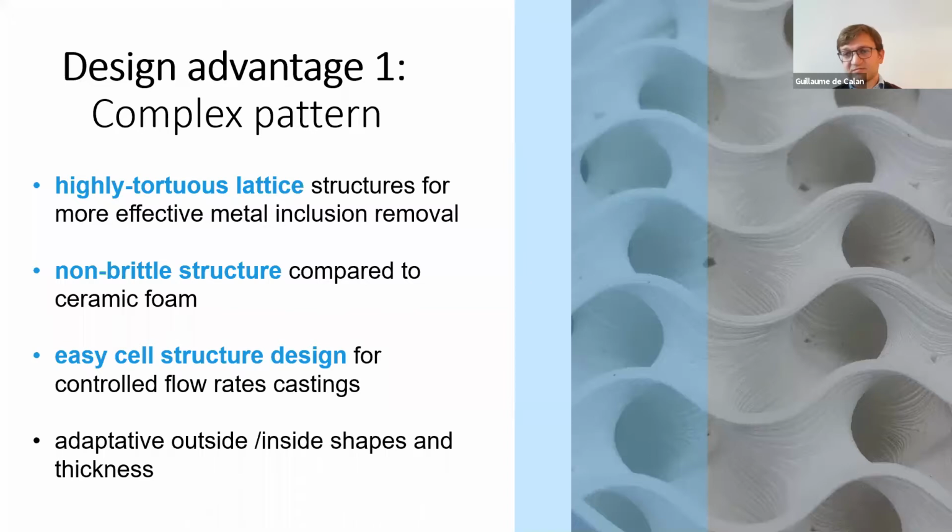And so that's, again, the big interest of this technology here. Of course, you can also adapt the outside shape, so you can do both together. You can put some complexity inside and also adapt the outside shape. Typically, make a cone for the molten metal to flow in, that kind of thing.